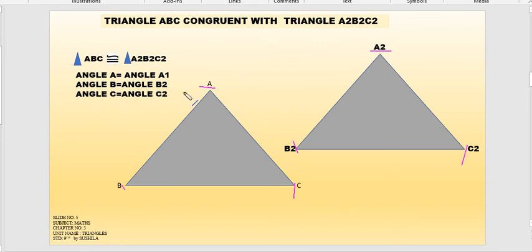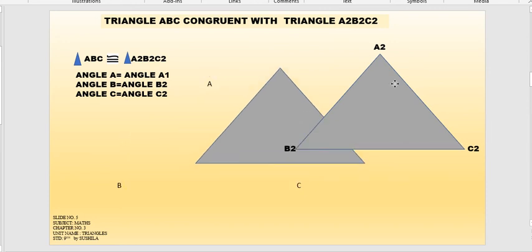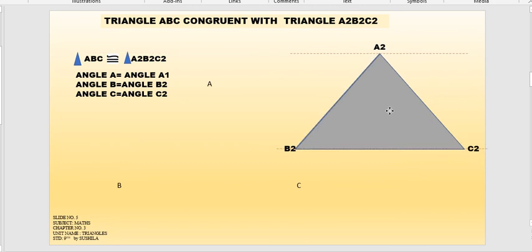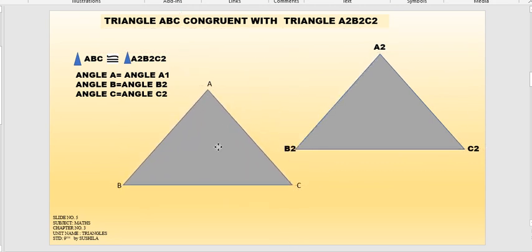This angle A will be equal to the angle A2 of the other triangle, angle B is equal to the angle B2 of the other triangle, and angle C will be equal to the angle C2 of the other triangle. With respect to these, we can say these two triangles are congruent. Here also you can see they fit properly. You also have to do this neatly and with careful measurement.